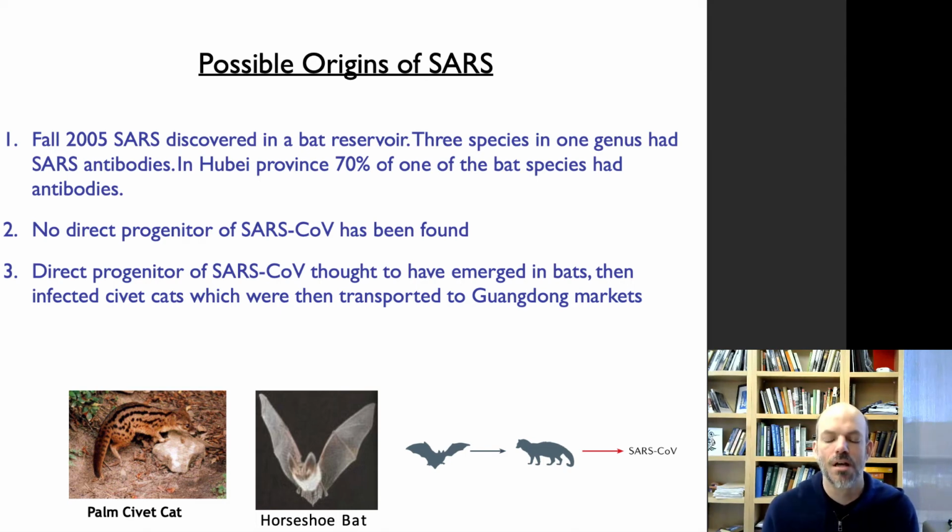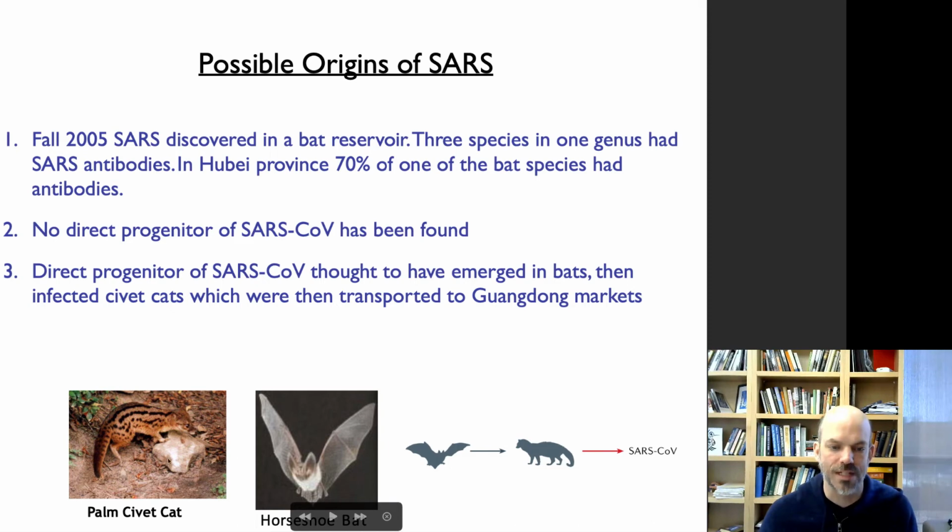So the human SARS coronavirus is very similar to multiple kinds of coronaviruses that have been identified in multiple bat species, but they're not identical, and they're different enough that many people wonder if there was some secondary host, some host in between the bat and humans.